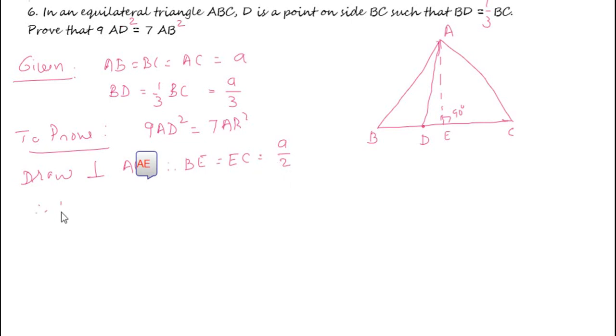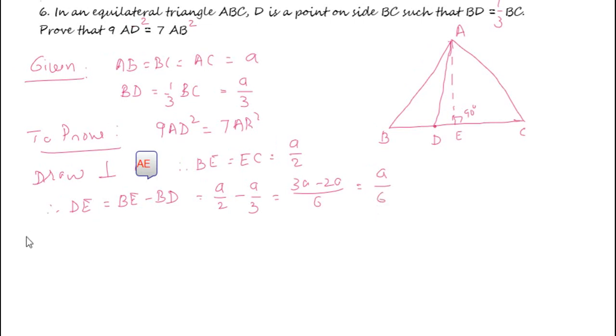Therefore DE is BE minus BD. BE is A by 2, BD is A by 3, LCM is 6, 3A minus 2A, so it is A by 6.